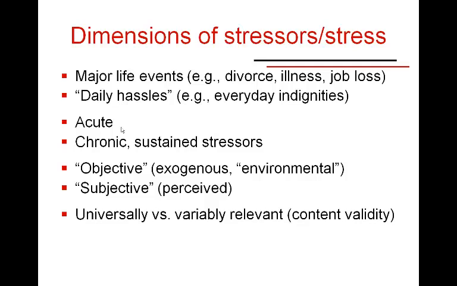Another dimension is the extent to which the particular kind of stressor of interest is universally versus variably relevant to individuals, which has important implications for the content validity of measures we use to capture stress exposure or exposure to stressors.